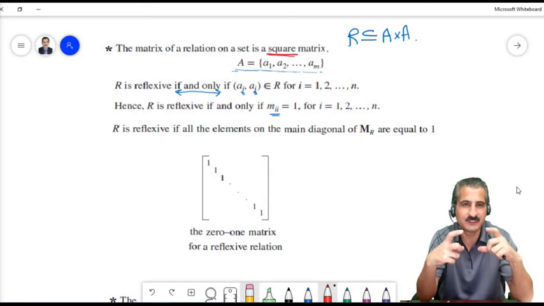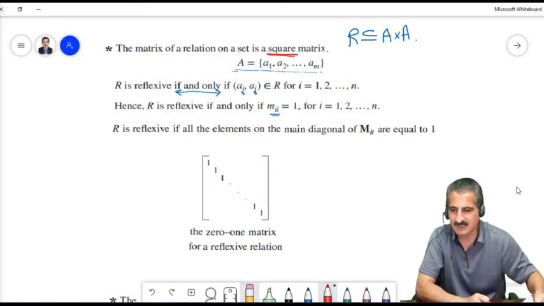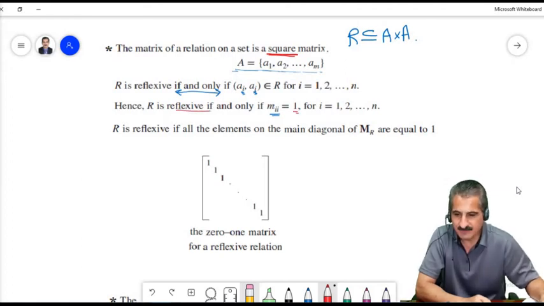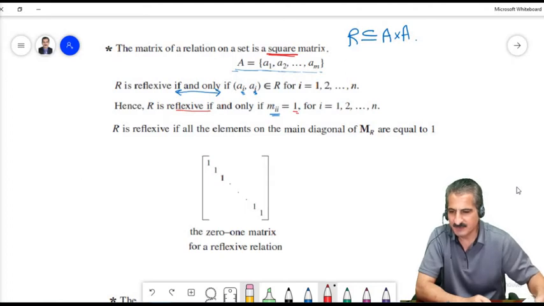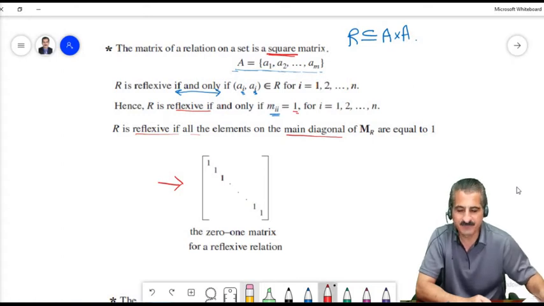So we have a matrix that has two equal dimensions. Now, it is reflexive if M_ii equals 1, which means reflexive if all elements in the main diagonal are 1. So this is a square matrix here, and we have 1 in the main diagonal.